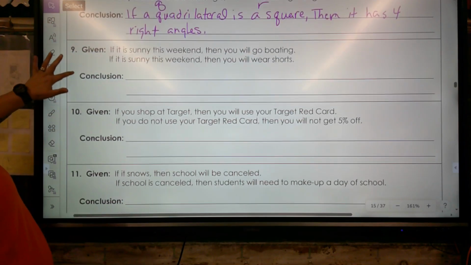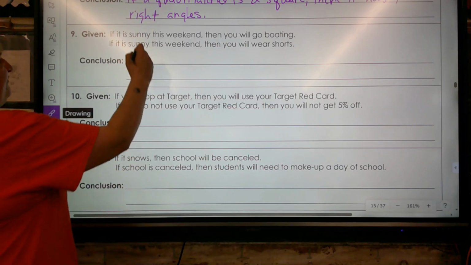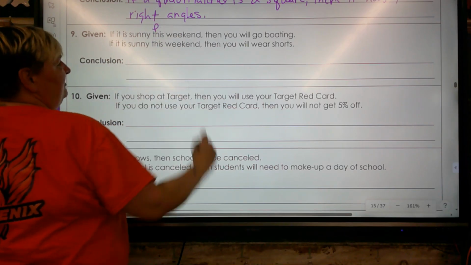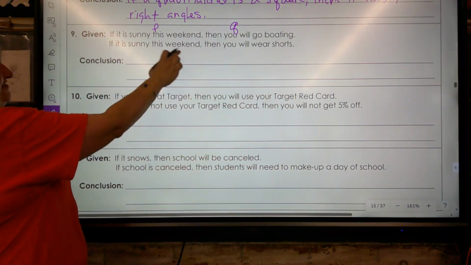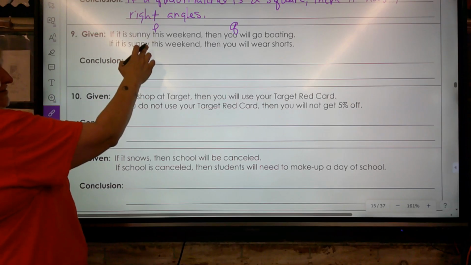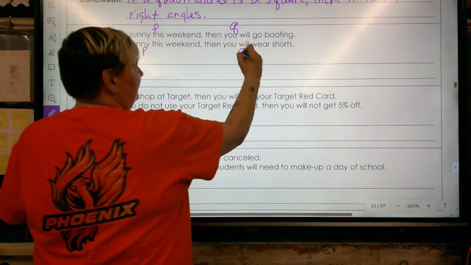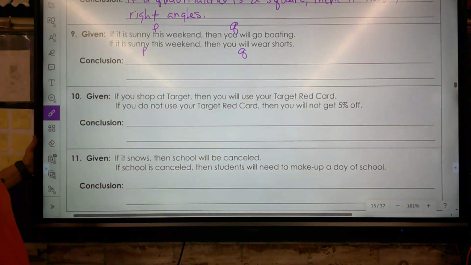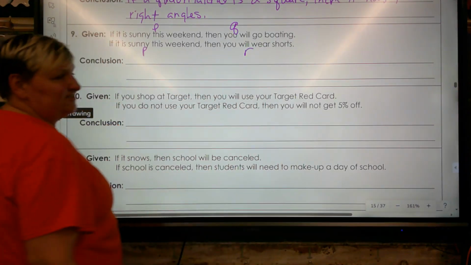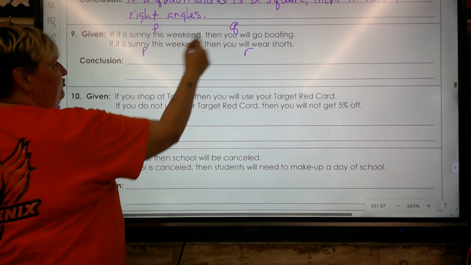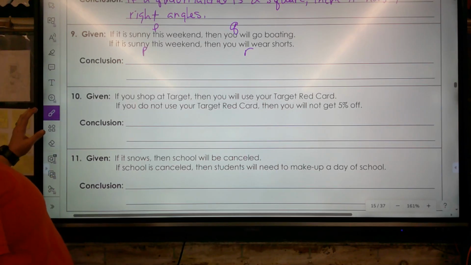We need one that violates pattern so that we can see what that looks like. If it is sunny this weekend, P, then you will go boating, Q. If it is sunny this weekend, P, then you will wear shorts. Well, technically that's an R. Let's make that R. But it still doesn't follow pattern, P, Q, P, R. You can't draw a conclusion from that.